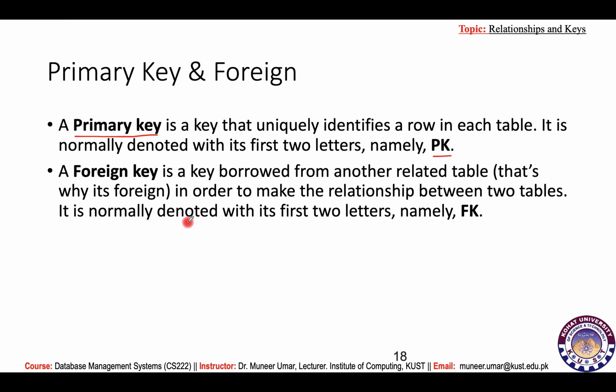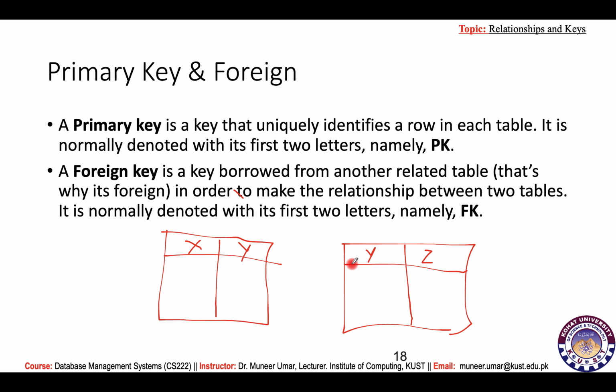Foreign key is a key borrowed from another related table in order to make the relationship between two tables. It is denoted by FK. Now here we have two tables. This Y is used to connect this table with this one. Now suppose we have some values in this table.